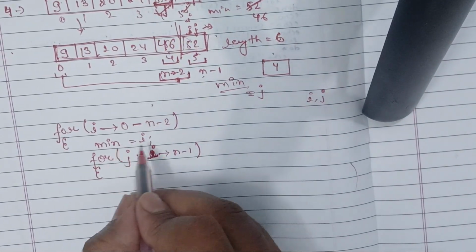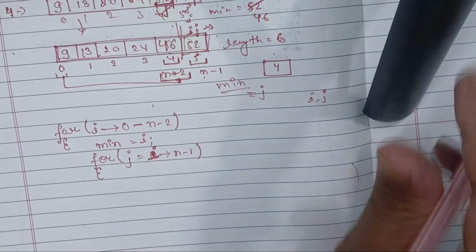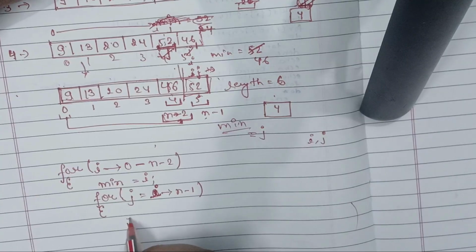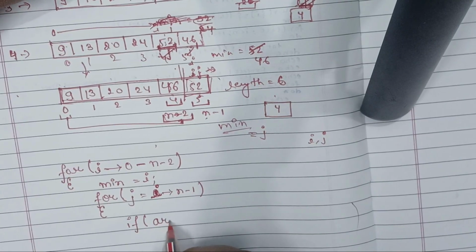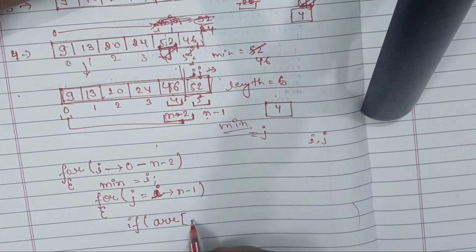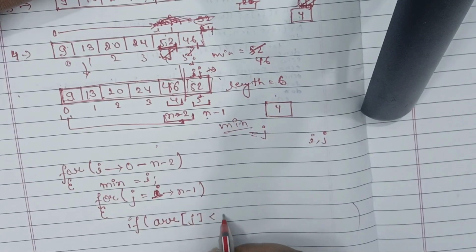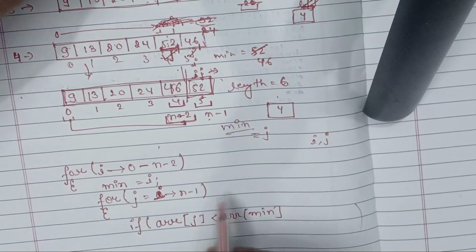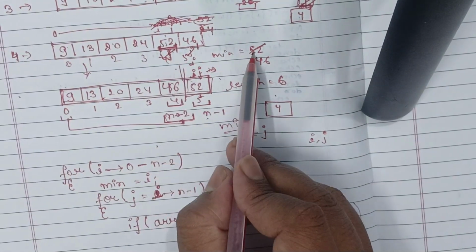So initially minimum would be i, and for each element what we were checking is whether arr of j is less than arr of min, which means is the current element less than the minimum element?